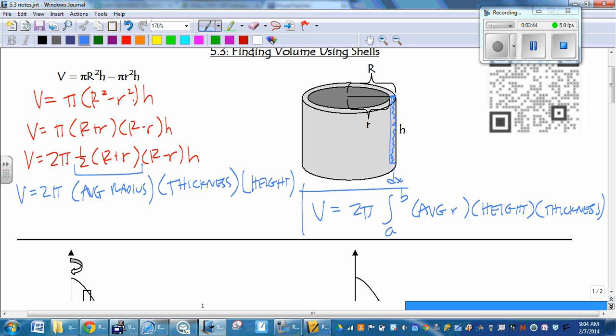Now, the reason I switched around the height and the thickness from the original formula is because that thickness, like we saw here, is always going to be dx or dy. So in our integral, that's always at the end.